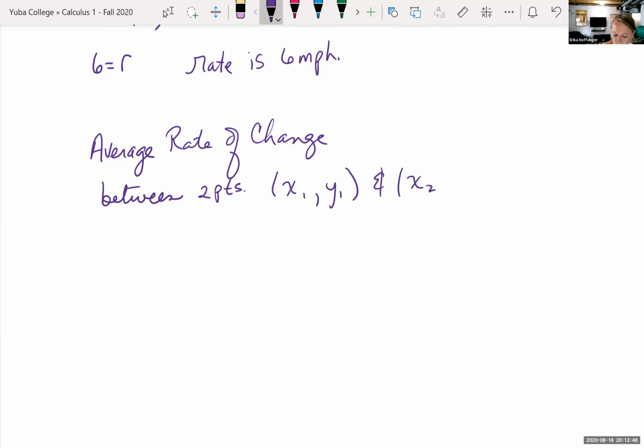Another way that we wrote that was denoting the slope between those 2 points, which was y sub 2 minus y sub 1, all over x sub 2 minus x sub 1. Another way to write that change in your y value, we can denote by a triangle and a y. So this is the same thing as saying the change in y all over the change in x value.